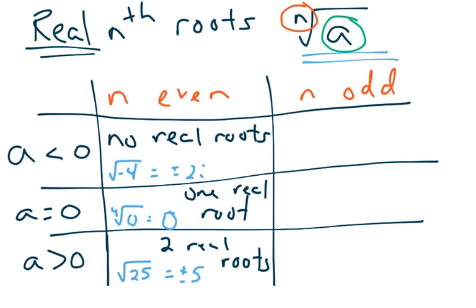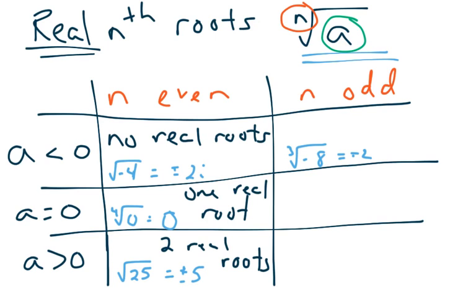Let's jump over to the odd side. If the number underneath the radical is negative, so let's say we're looking for the cube root of negative 8. We're thinking what number times itself 3 times gives you negative 8. There's only one answer here, and that would be negative 2. That's negative 2, bad handwriting.